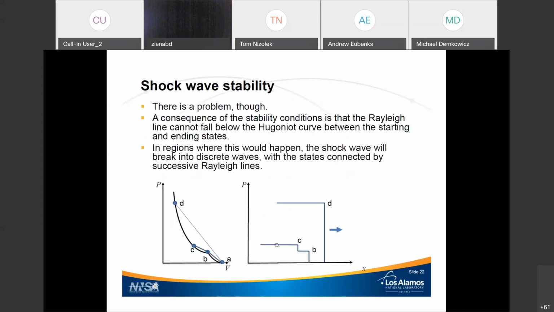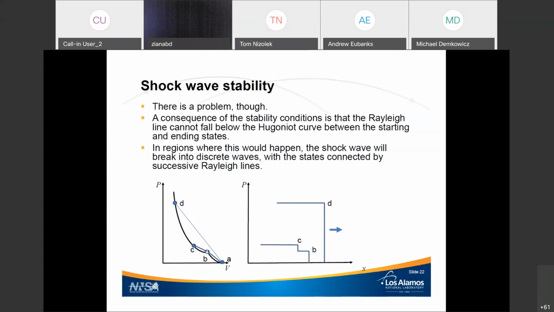It can't do that. If the Rayleigh line is allowed to fall below the Hugoniot at any lower pressure than the final state of the shock wave, it will break up.